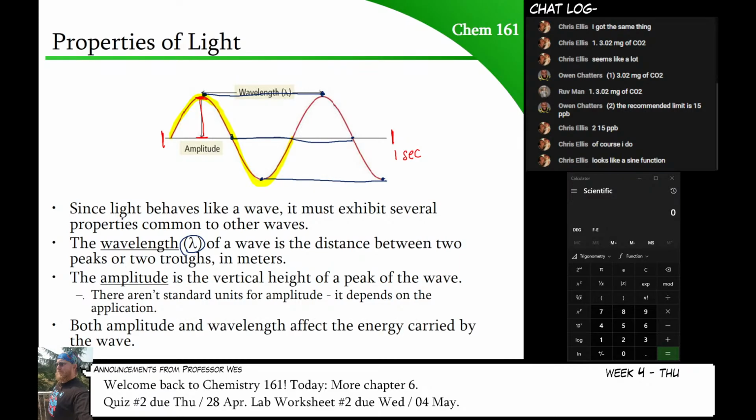Now, both amplitude and wavelength affect energy. The higher the amplitude, the more energy there is. You could think of this like waves crashing against the shore, waves of water. If the waves are very stout and tiny, and you're standing at the beach and you get hit by a tiny wave, it'll just lap at your feet.